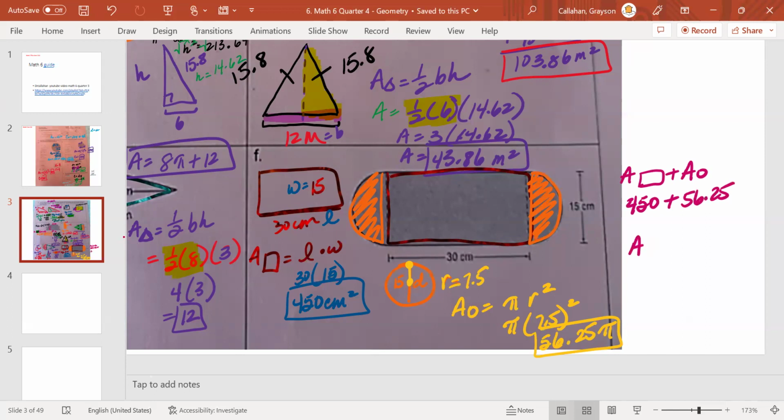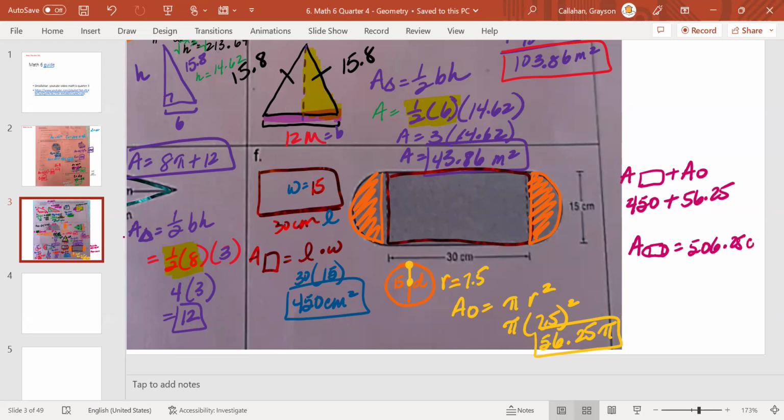So then the area of this weird looking thing is going to equal what? No, not multiplying. 450 plus 56.25. You need to add the two together. We're not multiplying.